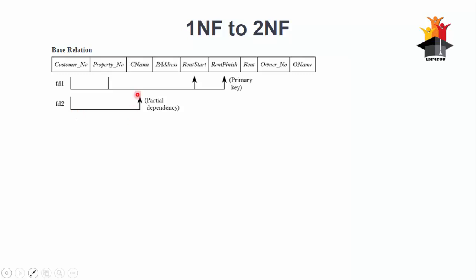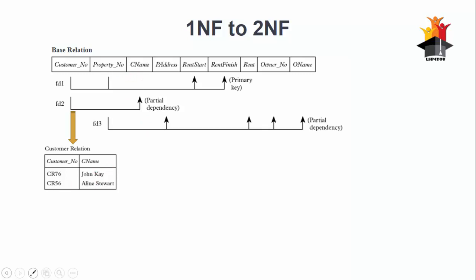So we can remove the customer name from this table and store it in a separate table along with a copy of the determinant like this. Again, we can see a partial dependency existing.